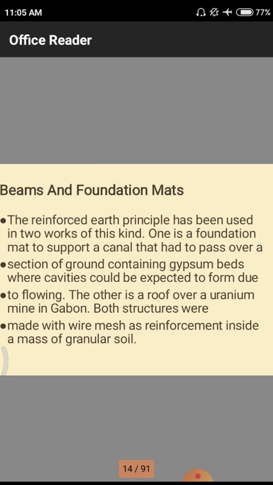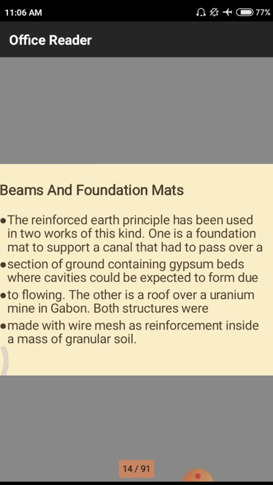The first is the foundation of a mat to support a canal that passed over a section of ground containing gypsum beds, where cavities could be expected to form due to flooding. The other is a roof over the uranium mine in Gabon. Both structures were made with wire mesh as reinforcement inside the mass of granular soil. This is the total example they are giving.